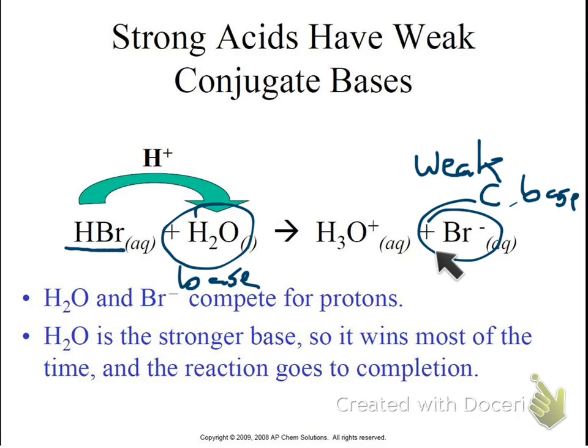So Br- is competing for those protons as well, but it is too weak to take them from water, to outcompete water for them. So water is going to win, it's the stronger base, and so it's going to win most of the time, and the reaction goes almost totally to completion.